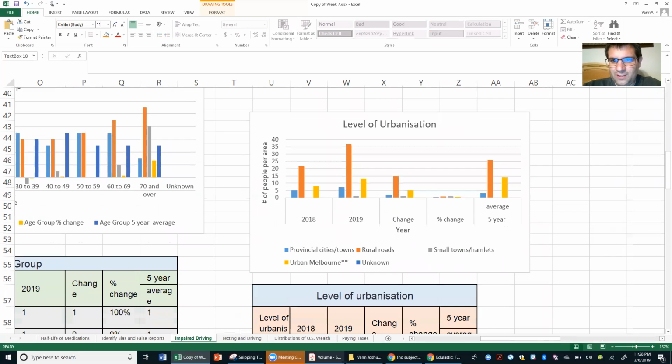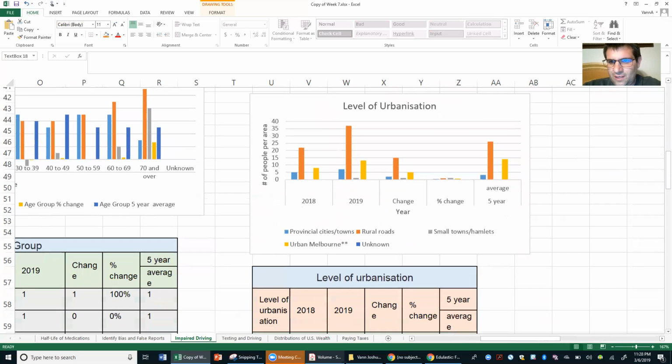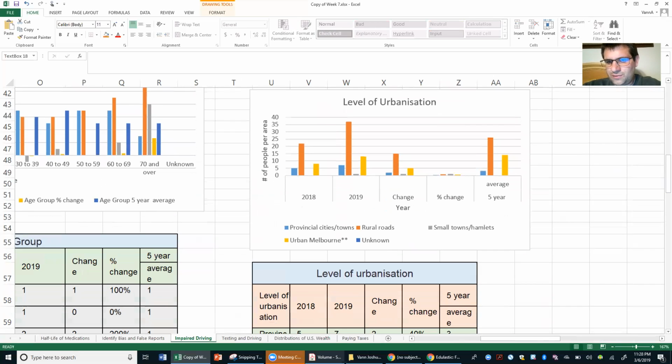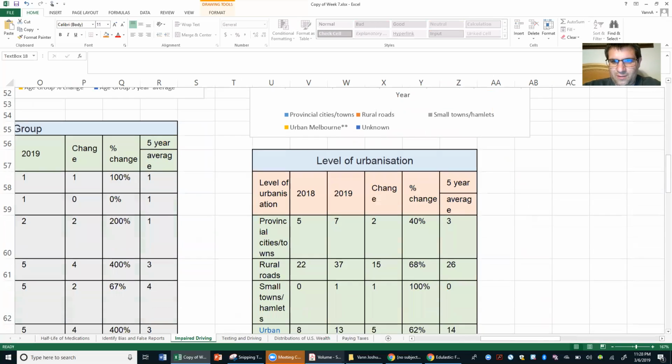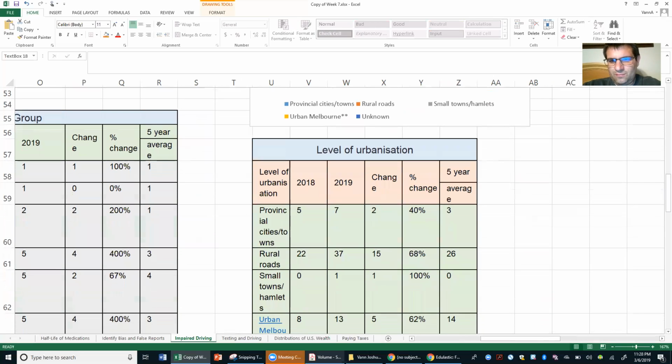Then we also did the level of urbanization, and same as before we used a bar chart. We showed 2018, 2019, the difference in change, the percentage, and then the 5-year average.